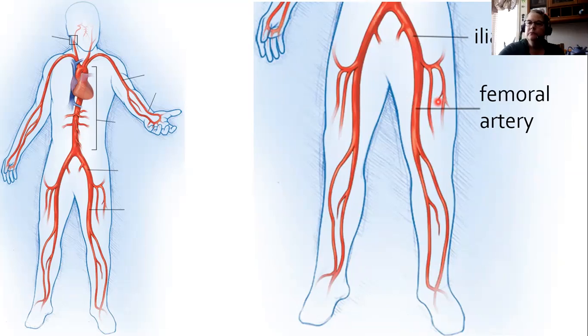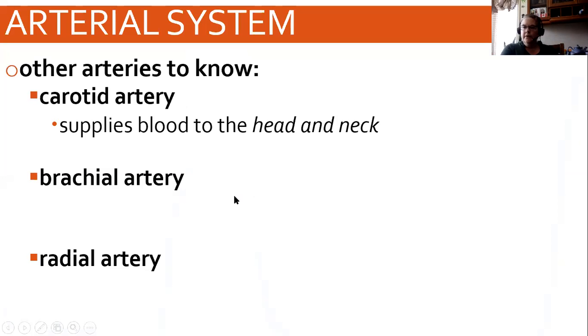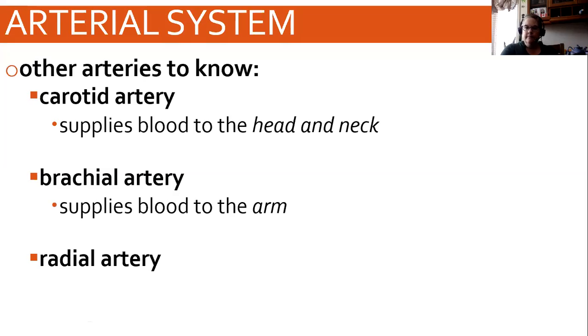Okay. And then lastly, we have the iliac artery. And the iliac artery is providing blood and nutrients to the pelvic region of our body. Okay. All right. So we'll just look at a couple notes on the arteries. So we have the carotid artery supplying blood to the head and neck, the brachial artery to the arm, the radial artery.